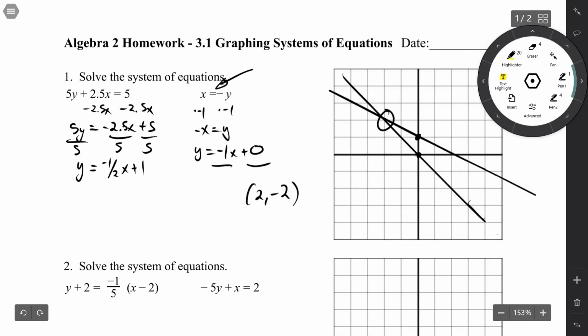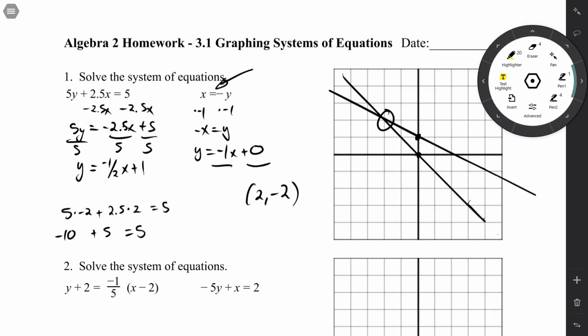Let's see, we have 5 times -2 plus 2.5 times +2 equals 5. So we would get -10 plus 5 equals 5. That doesn't work. Did I flip my points around?